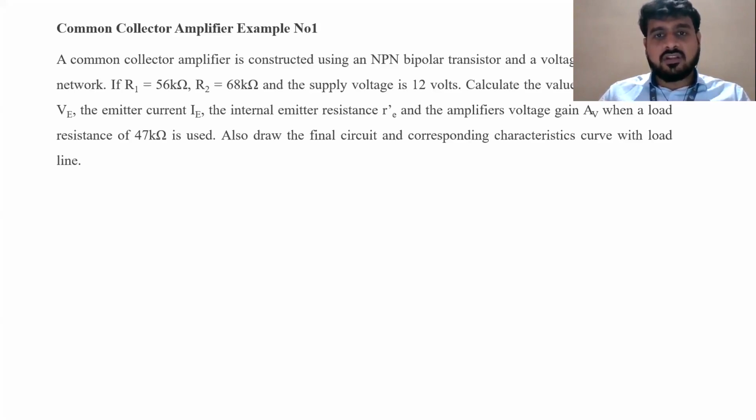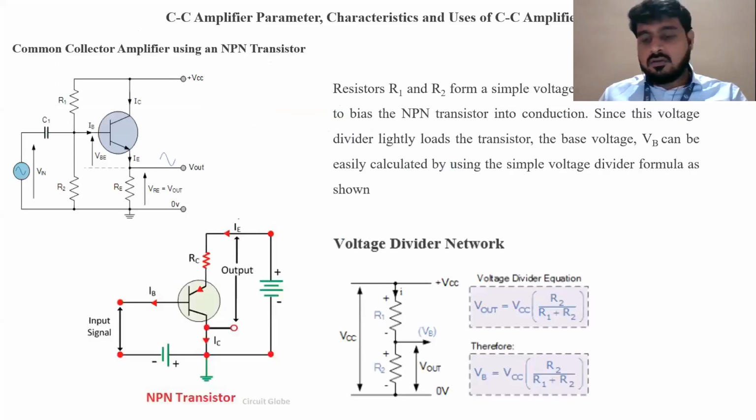Then you have to calculate the voltage gain. Voltage gain is nothing but the output voltage over the input voltage, when a load resistance of 47 kilo ohm is used. When we talked about the common emitter amplifier configuration, we had a separate load resistor.